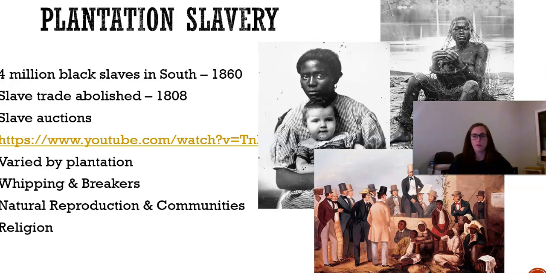For example, I don't know if you know anything about response preaching, where the pastor says something and the congregation says it back or says something else back. That is a uniquely religious aspect of many slave cultures at that time.